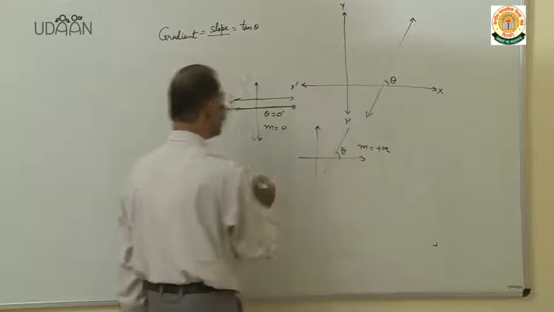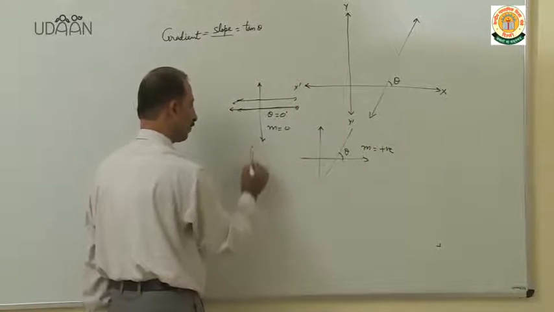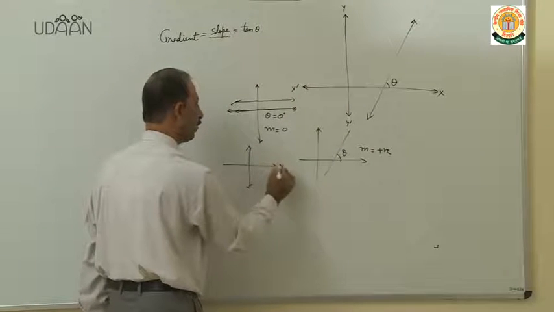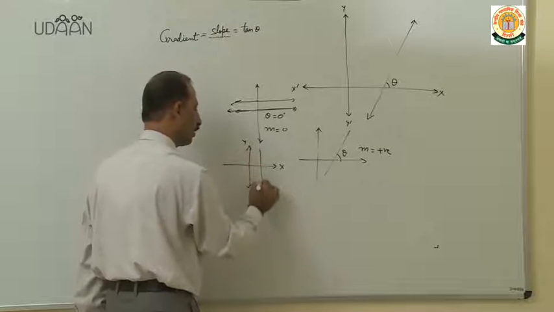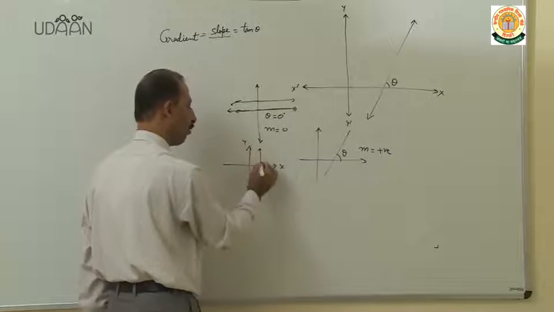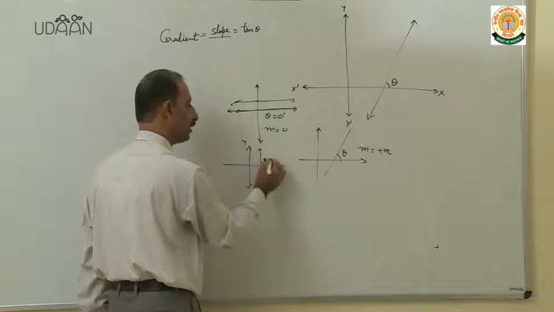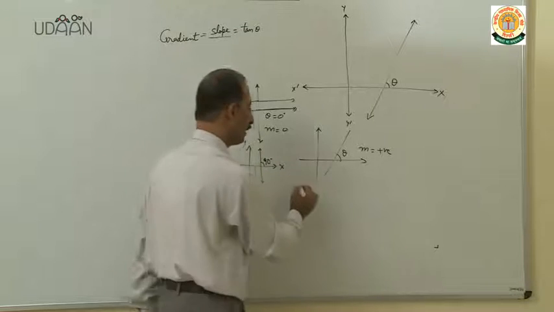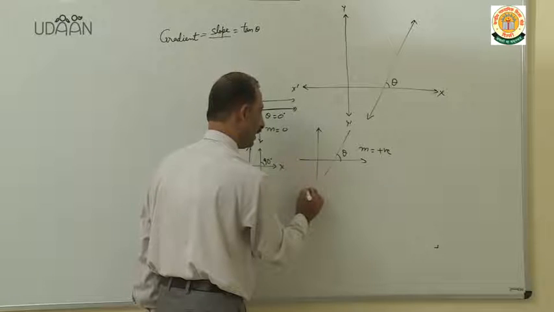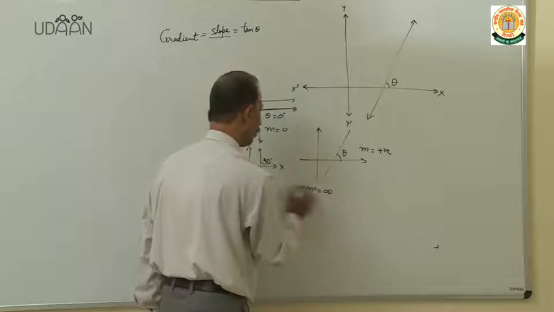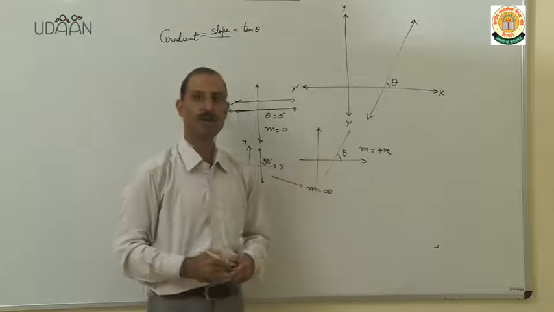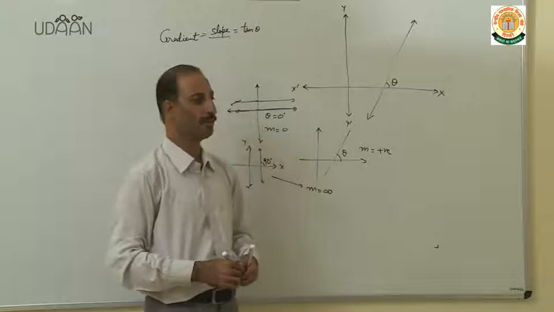If the line is parallel to the y-axis, then what about the slope? Now already you know this angle theta, its value is 90 degrees. So the tangent of 90 degrees is not defined. The slope of a line which is parallel to the y-axis is not defined.